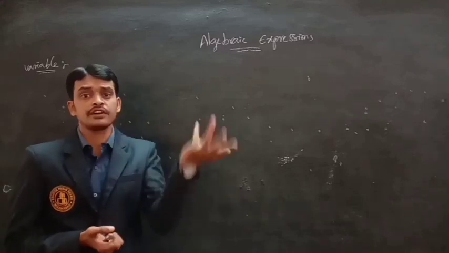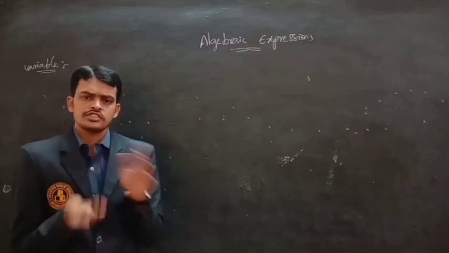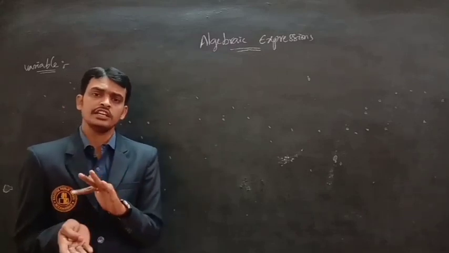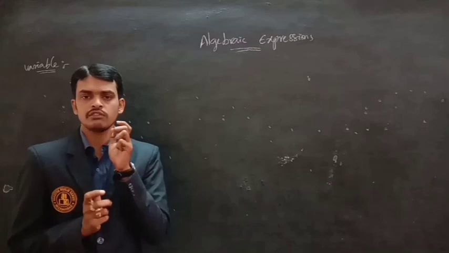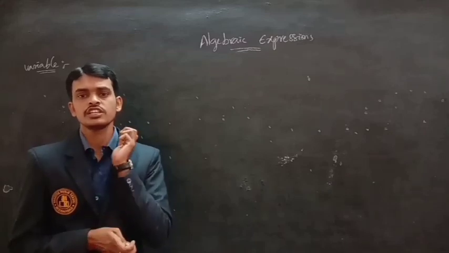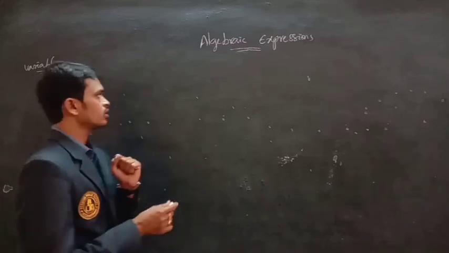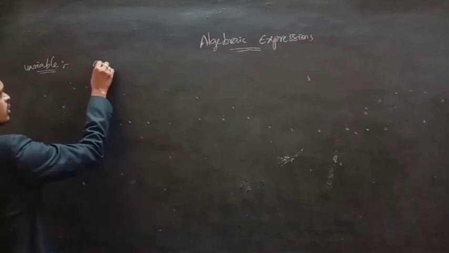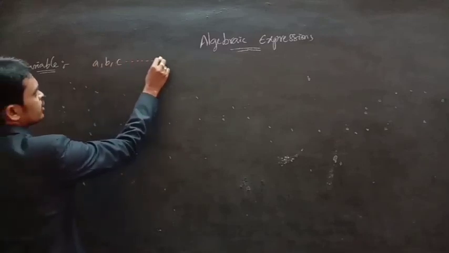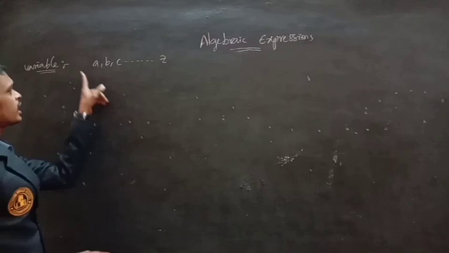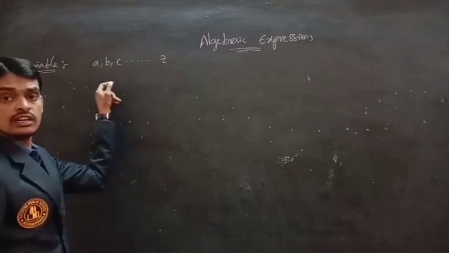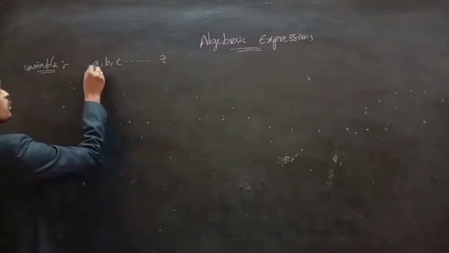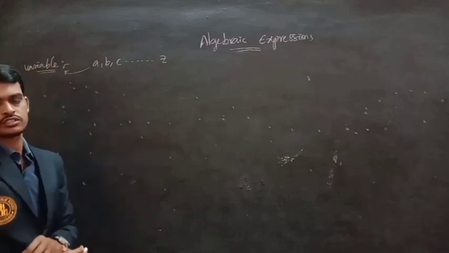It takes a different value each and every time. It is an unknown value. So we use A, B, C, Z. These alphabetical letters are used to represent variables.